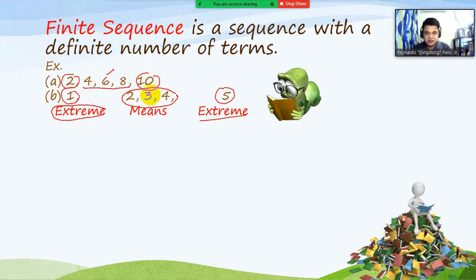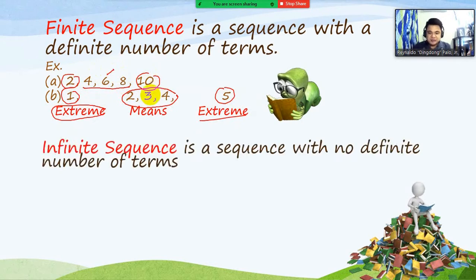Okay, that's it. Next, we have the next type of sequence, which is what we call infinite sequence. So infinite sequence is a sequence with no definite number of terms. It's the opposite of finite because in infinite, you cannot count the terms. It denotes infinity, no ending.